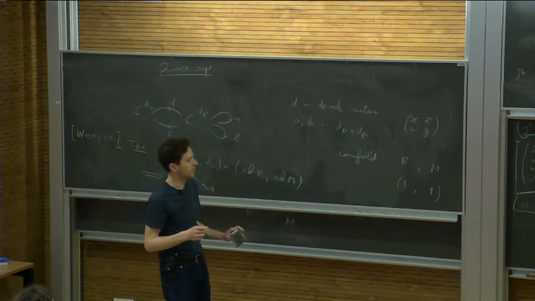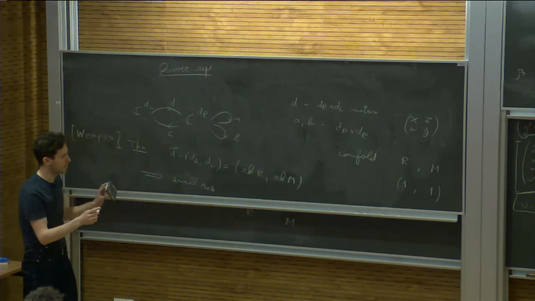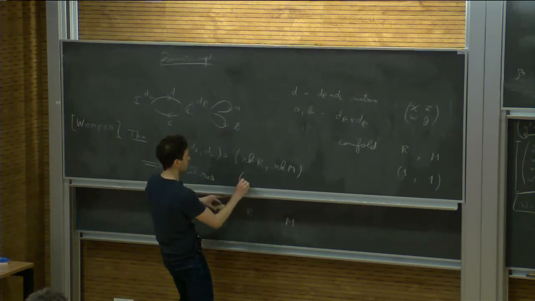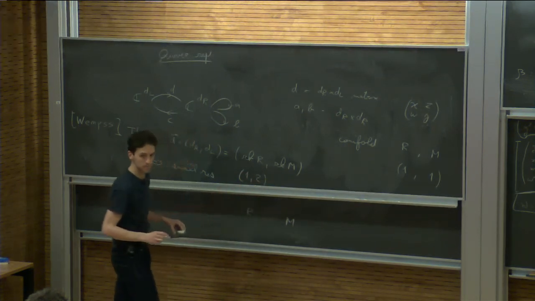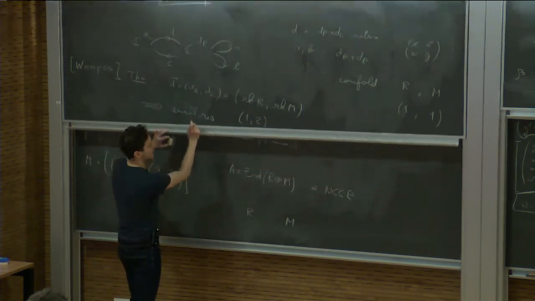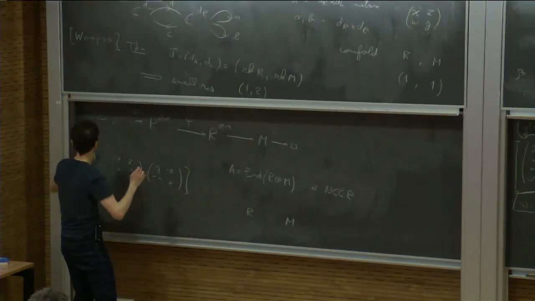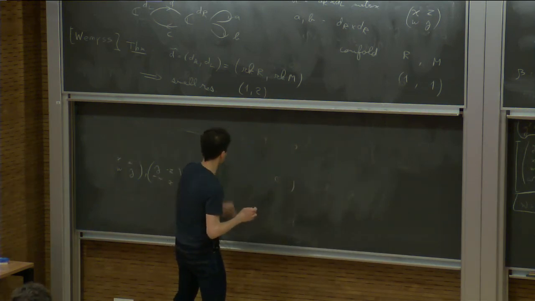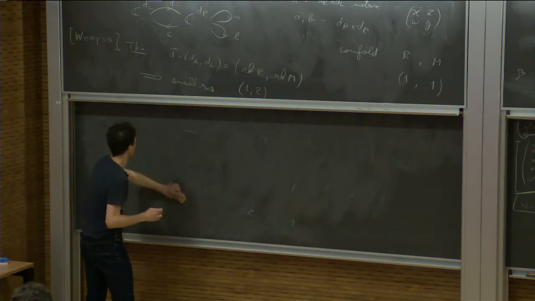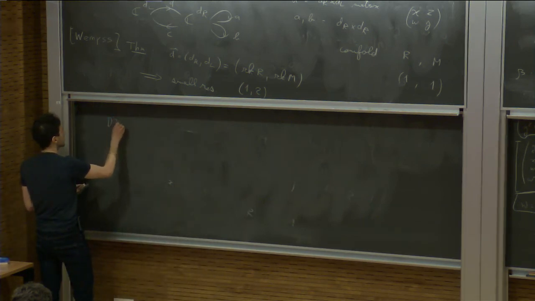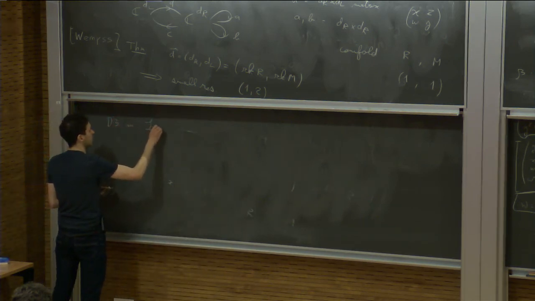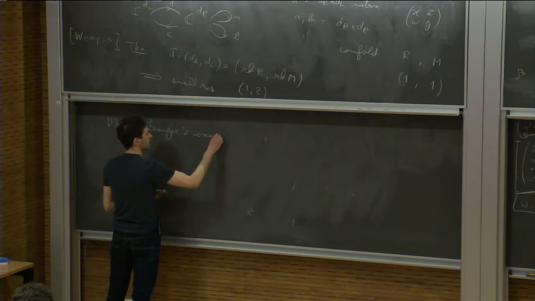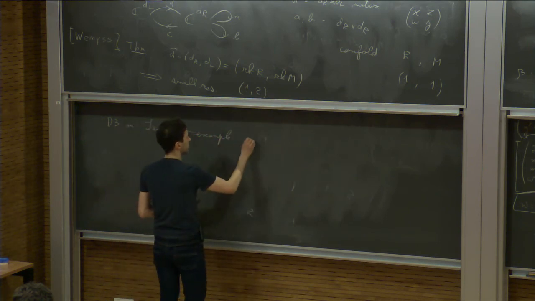Now here I have a 4 by 4, but you can work out that almost everywhere on the singular space it has rank 2. So that means we need to look at the 1, 2 representation. In other words, a D3 on Laufer's example is given by the following quiver gauge theory.